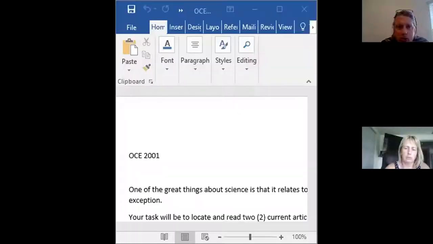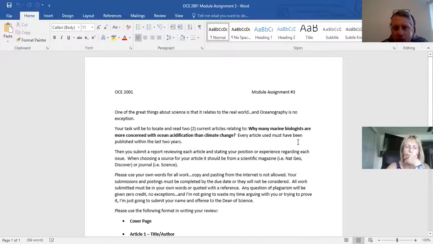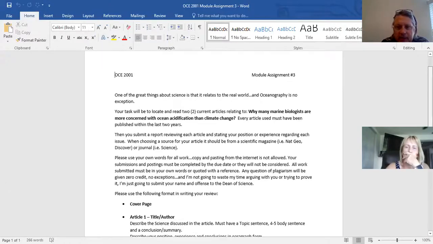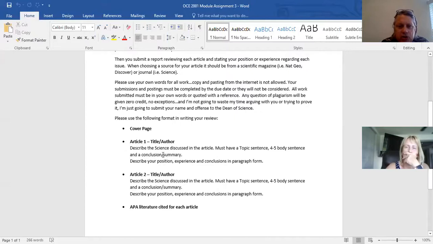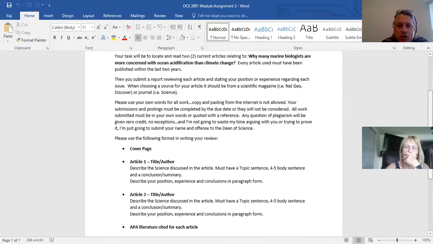Before we go to the midterm review, let's take a quick look at the assignments that are due next Wednesday. Tonight we have the graphing. Next Wednesday, you have your 3rd current event assignment. I'd like to point out that each article should have 2 paragraphs associated with it, not 1.